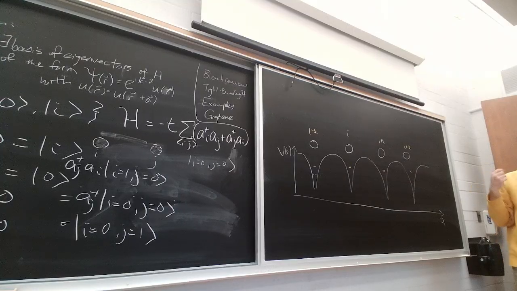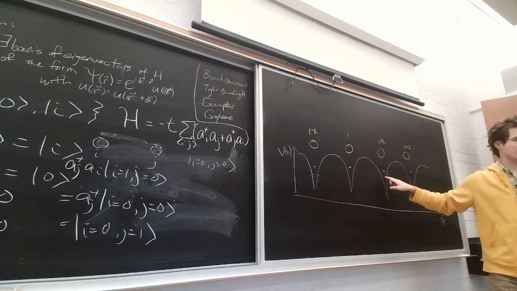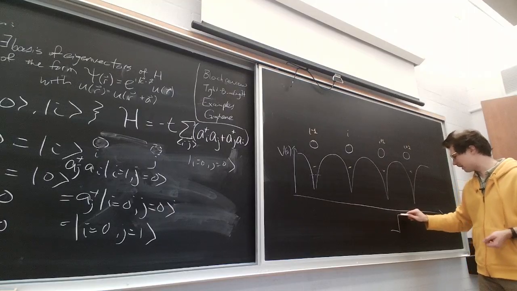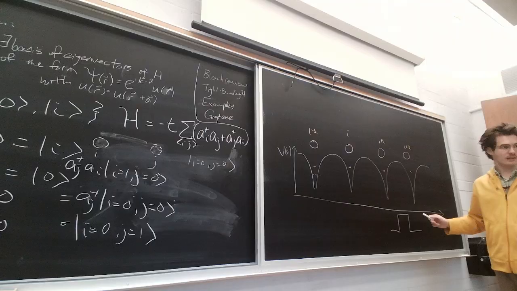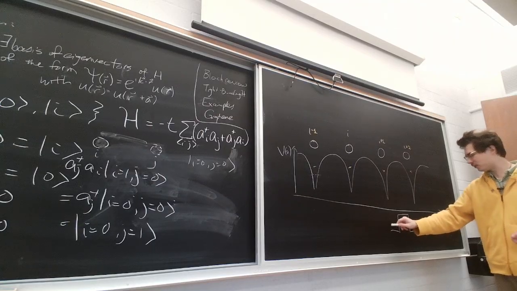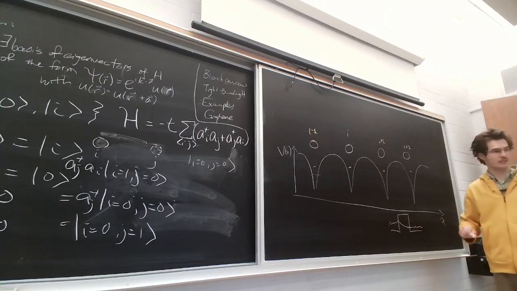Okay? But then quantum mechanically, I know that the electron can tunnel from here to here, right? Like you've done tunneling through a potential barrier in 256 or something like this. You know that if you have a wave function here, it decays exponentially and then continues here somehow.